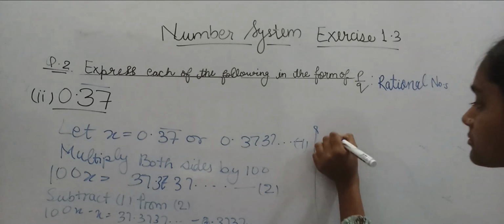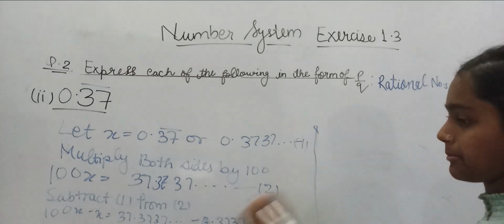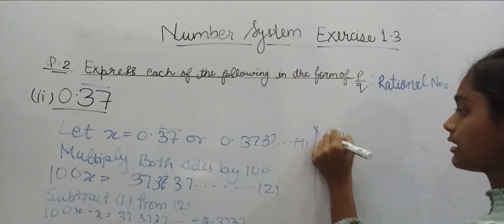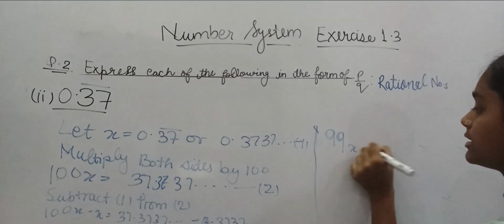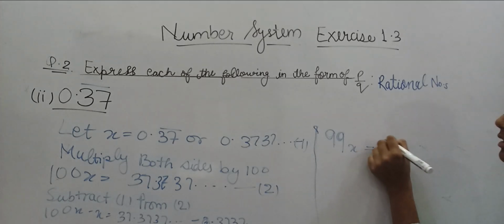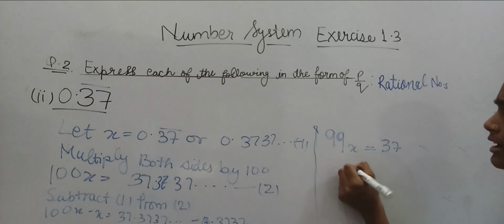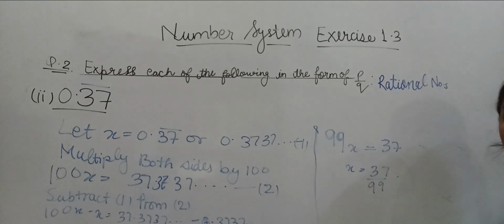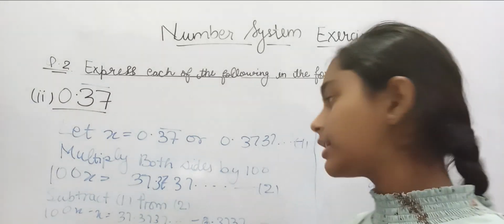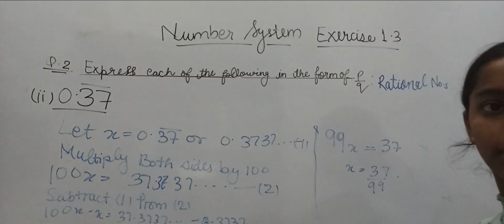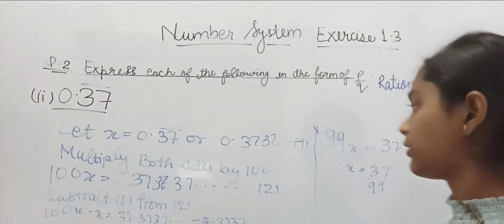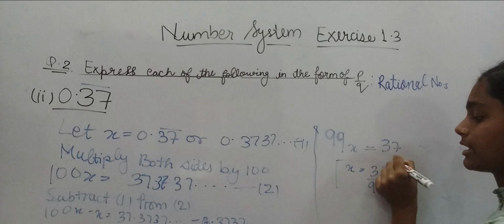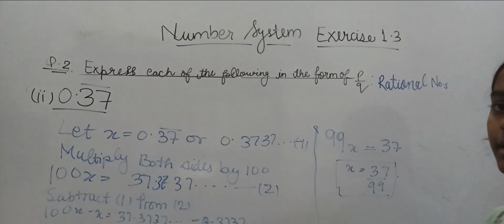Now what we do next is subtract, which gives 99x is equal to 37. Now x is equal to 37 by 99. This is what we get as the rational number for this. I hope you got this question. So the rational number for 0.37 bar is 37 by 99.